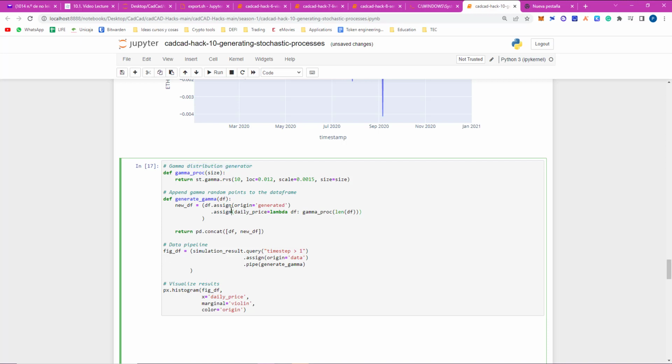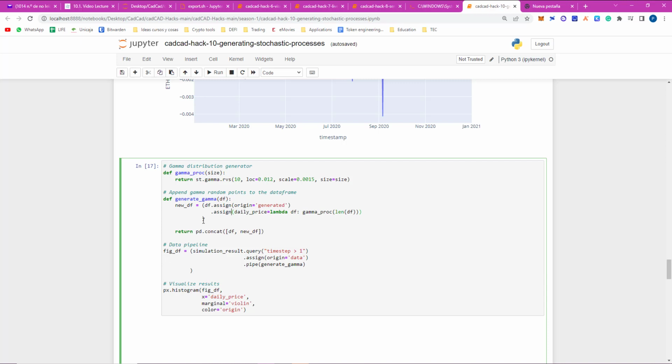Which parameters do they use? Wait a second. There, the return st.gamma.rvs. It's not parameters from the system, it's parameters for the function itself, for the gamma distribution.